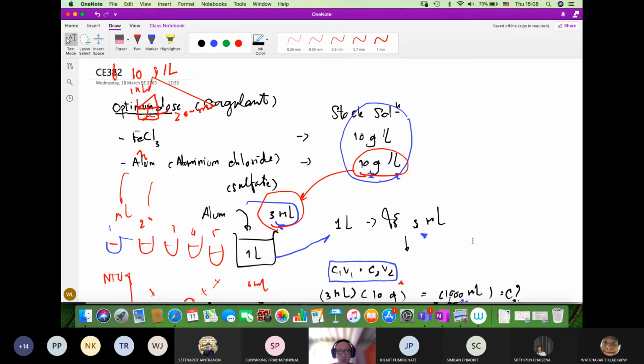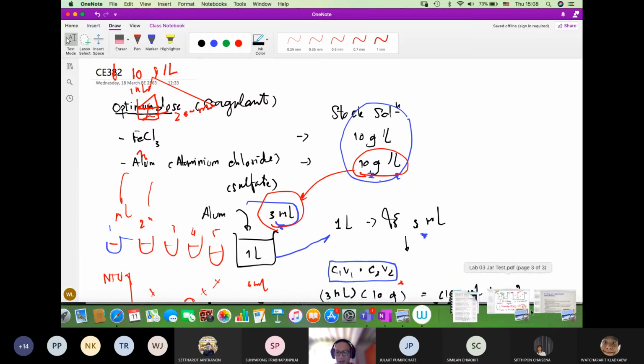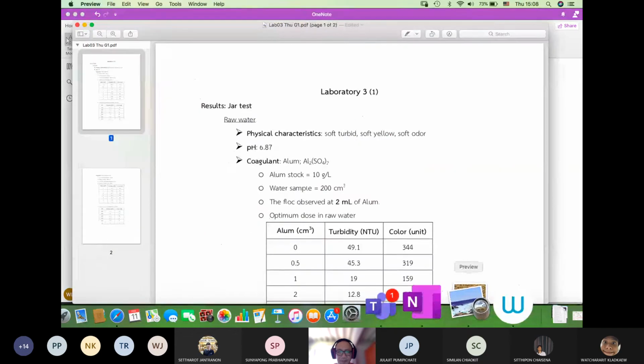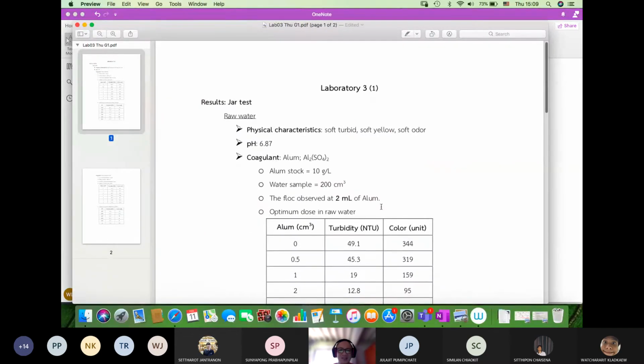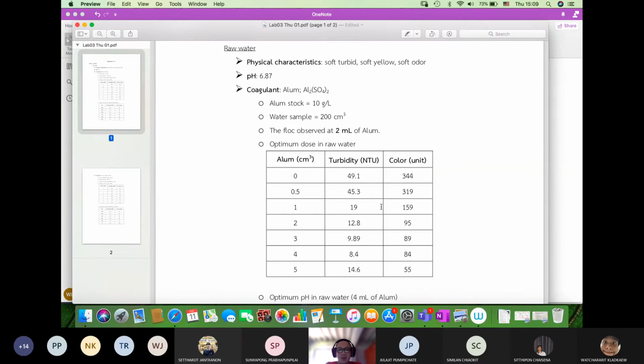If I'm asking you what is the optimum dosage for the alum in this experiment, what is the optimum dosage of the alum obtained from these experiments? According to this table, it looks like this one gives the lowest turbidity, right?